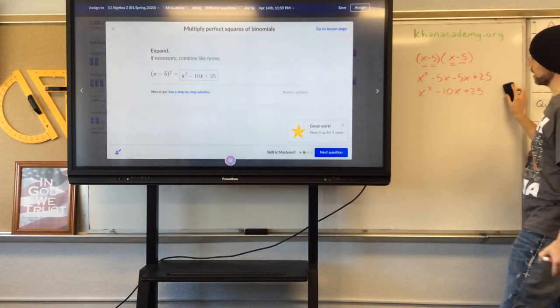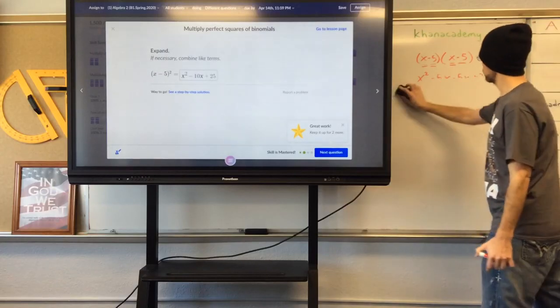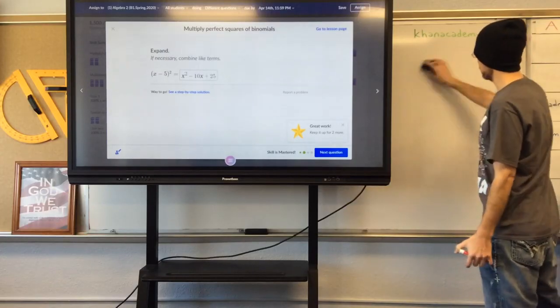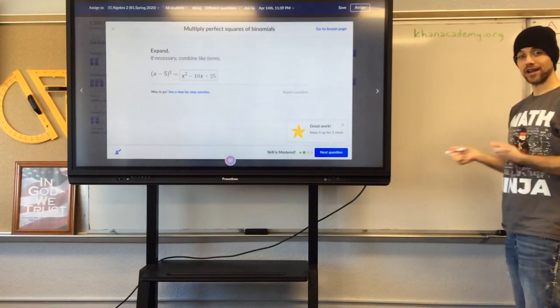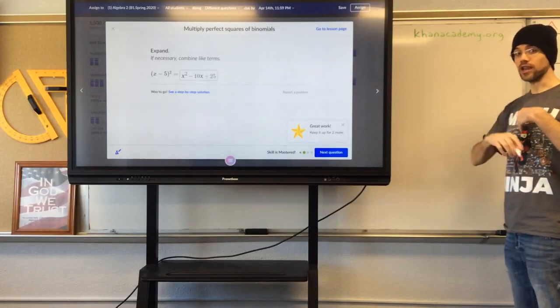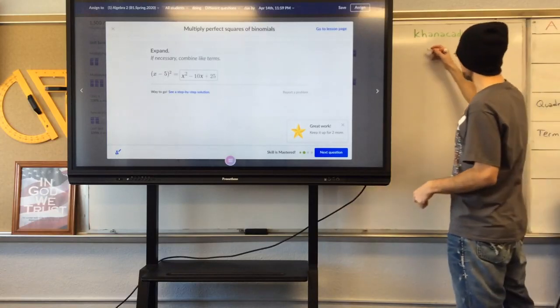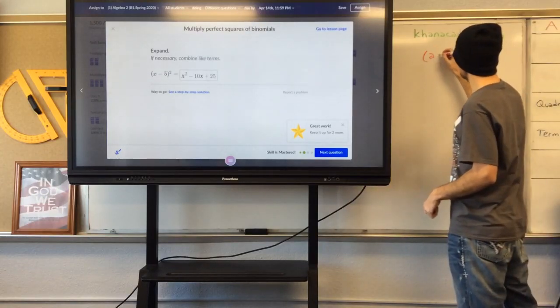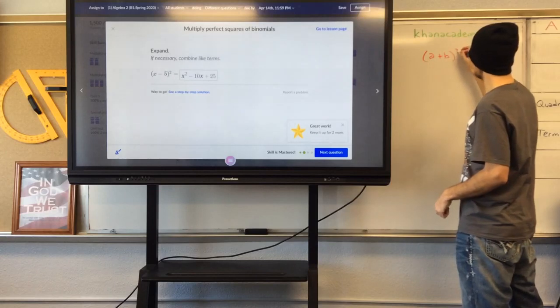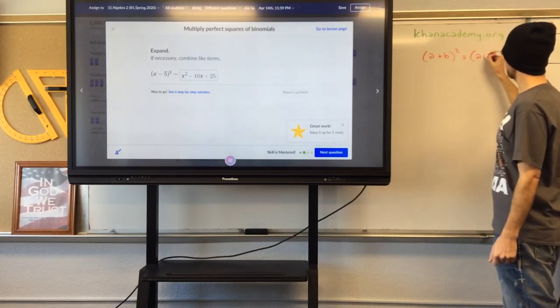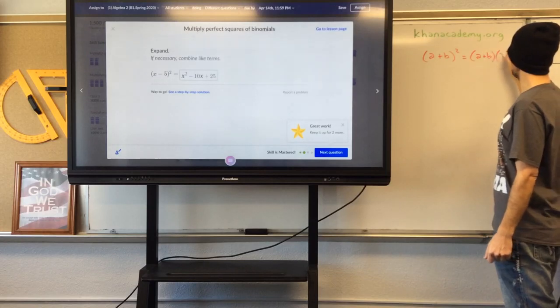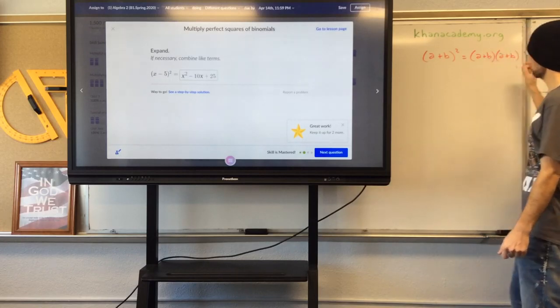Now, let's generalize this, all right? So instead of having an x and a particular number, we're going to just go back to a's and b's, so it could be anything. So we have a plus b squared, we can rewrite that a plus b times a plus b.